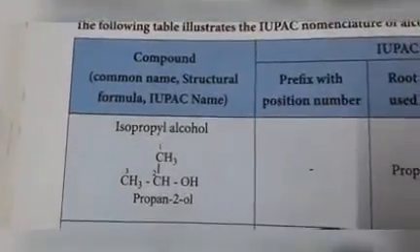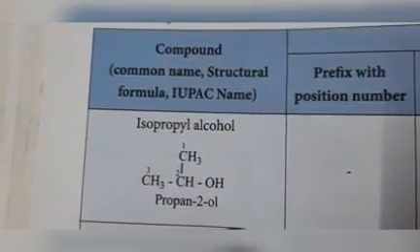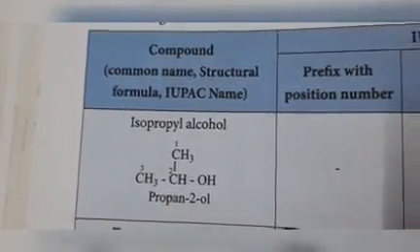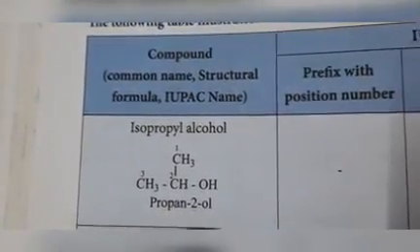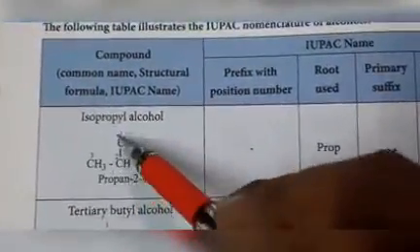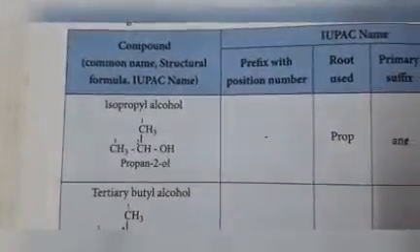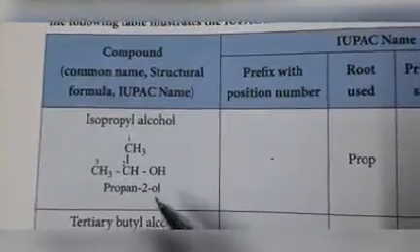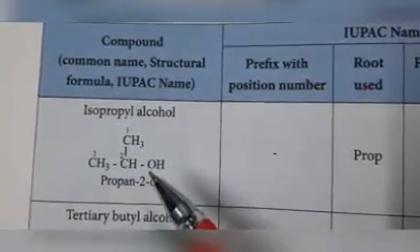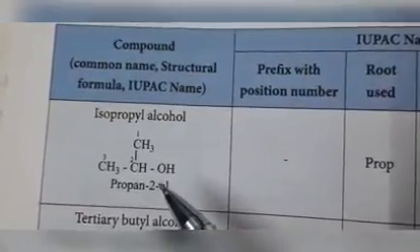Easy only. See the first compound, CH3, CH, CH3, OH. Select the long chain. This is the long chain because that chain contains 3 carbons. 3 means propane. Which functional group is present here? OH. What is the IUPAC rule for OH?